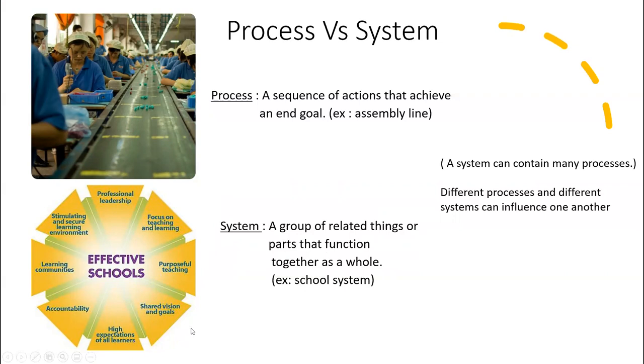So a system may contain many processes, and different processes and different systems can influence one another. So a process is like an assembly line. A system is a group of things together. And in this system, not always, but it is also possible that you will have some processes included in your system. So this is much more complex than this.